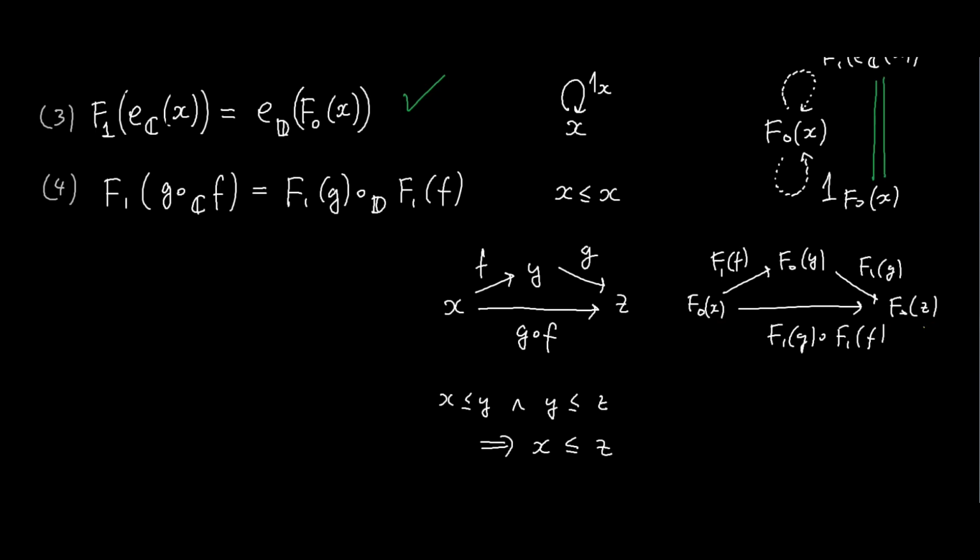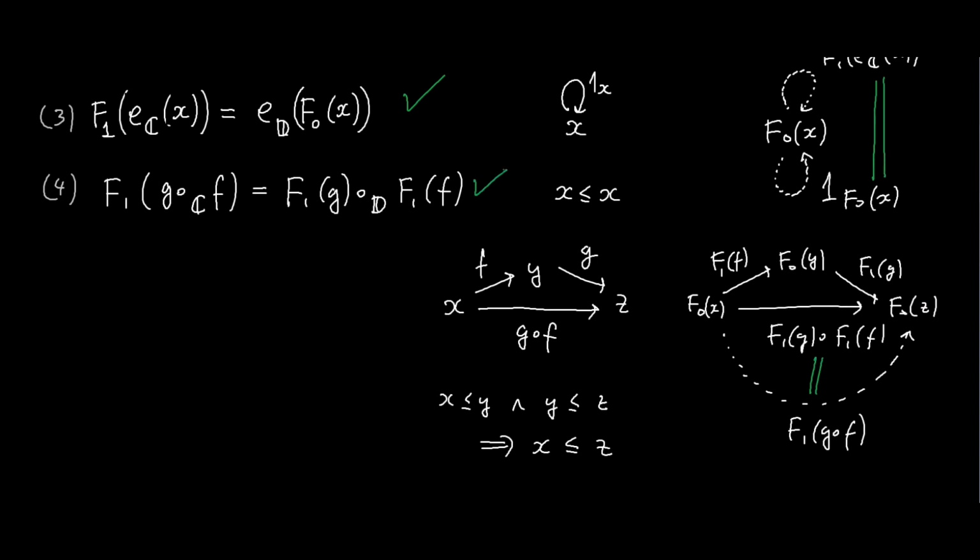But if we try to apply f1 to the composite, that will also be an arrow from there to there, again by the fact that the functor preserves domains and codomains. And once again, we have two arrows from the same object to the same other object, and therefore they must be equal because we said there is at most one arrow. So this will be equal to that. And so we get that the second axiom also holds for free.